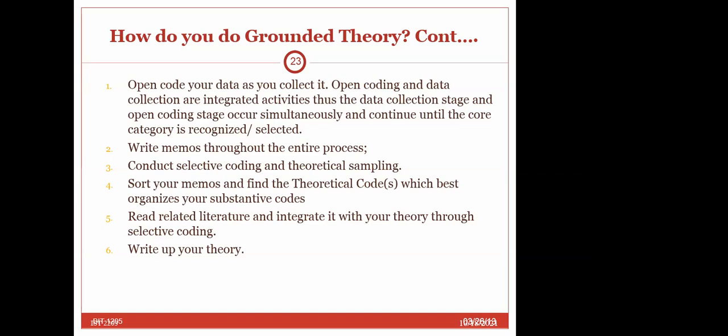Then after, you write memos throughout the entire process, then selective coding and theoretical sampling: you sort your memos and find the theoretical codes that best organize your substantive codes, read related literature and integrate with your theory through selective coding, and then write up your theory. So I've said many words, I know, but it is a way, again, of coming up with a theory, an explanation.